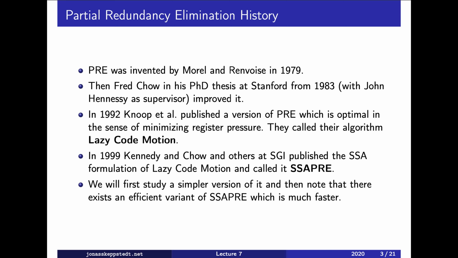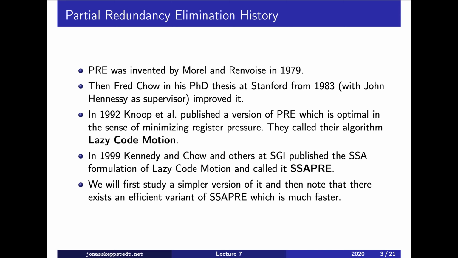Anyway, a few years later, a German group with Knoop published a version which is optimal in the sense of minimizing register pressure, which the previous versions did not. Okay, and the register pressure occurs when there are numerous registers used for storing temporary variables, such as keeping a copy of an expression that is going to be used later.